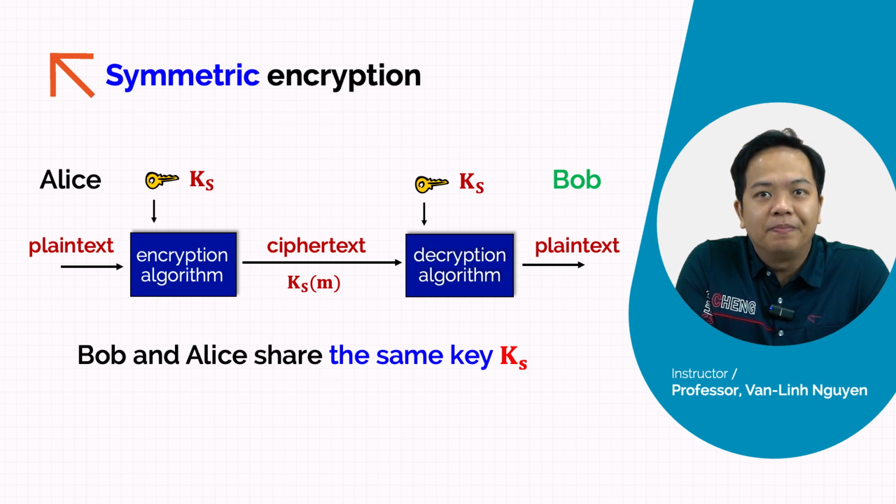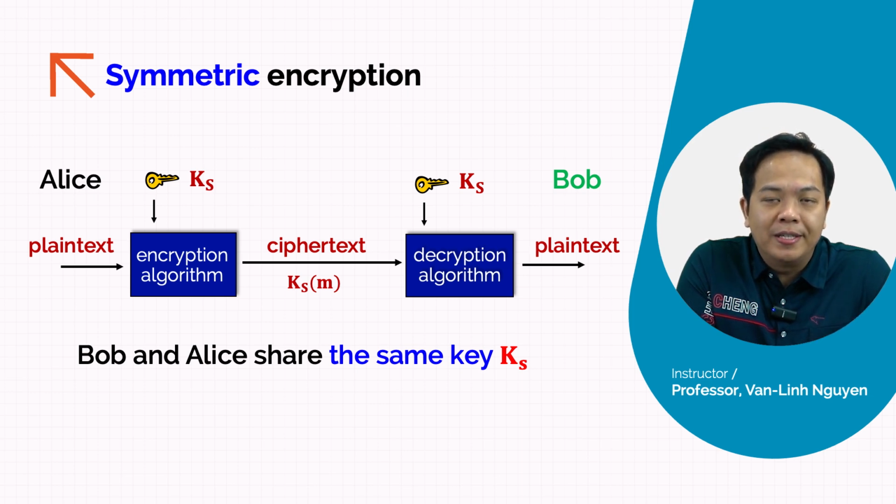What's different? First, symmetric encryption means that when Alice encrypts the data, she uses a key, and it's the same key that Bob uses to decrypt the ciphertext again. So Alice and Bob use the same key for encryption and decryption.